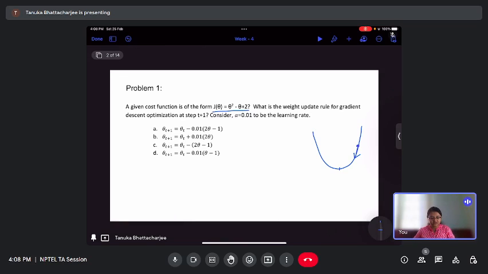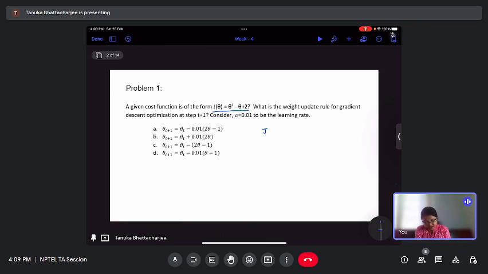So we take the derivative at this point, which will give us this direction, and we take the opposite to have our movement towards the minima of the function. So we descend towards the minima and we use the gradient direction for this. That is why this is the gradient descent optimization.